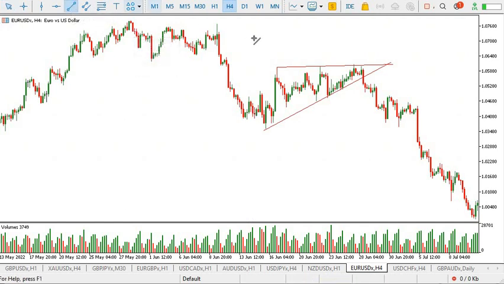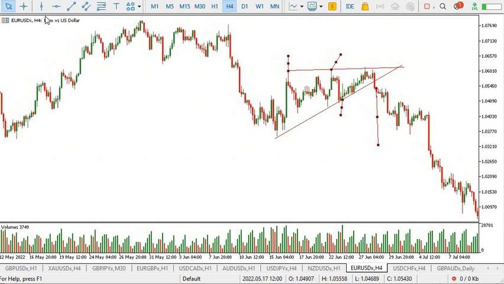So as I said, we are having resistance at the top point of the triangle, and we are having the slope of higher lows. We will target the exact amount of pips as it took for the market to form the ascending triangle, and it will be our initial target.